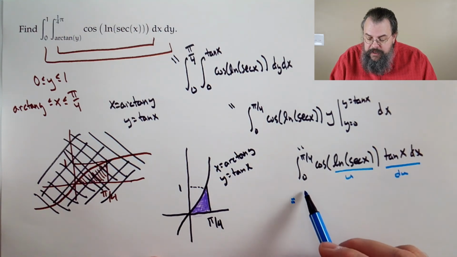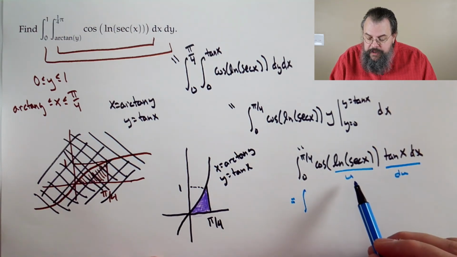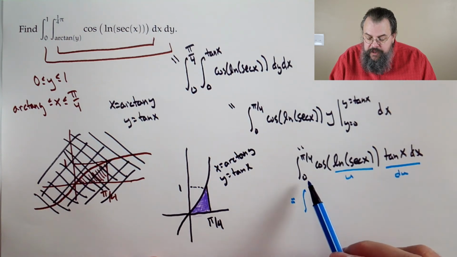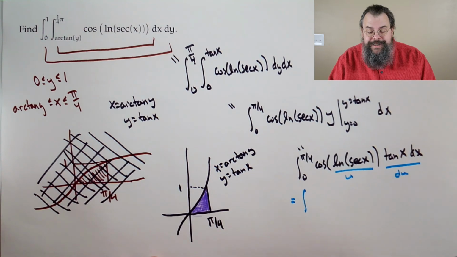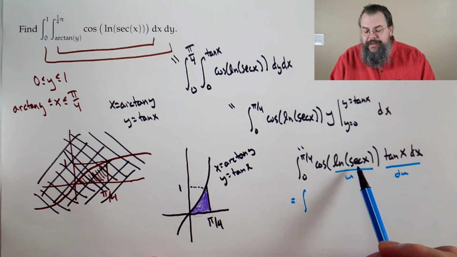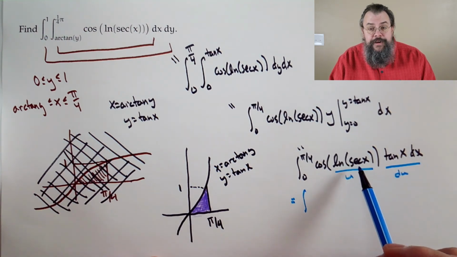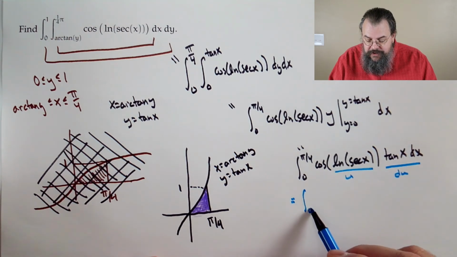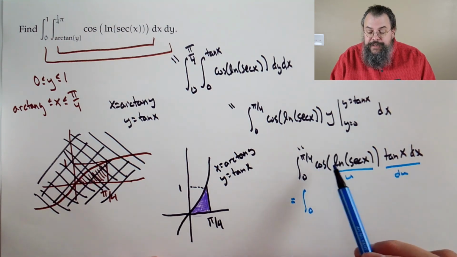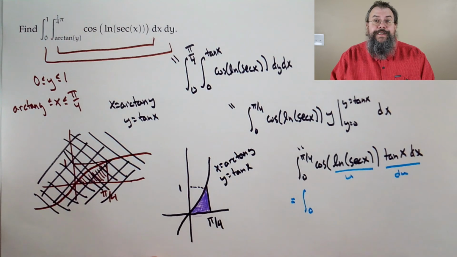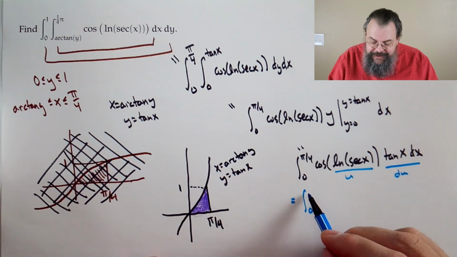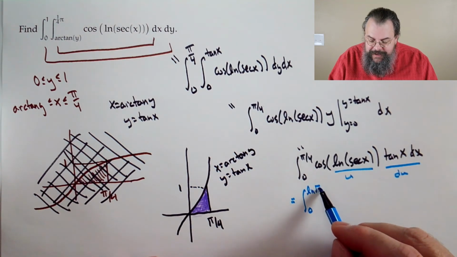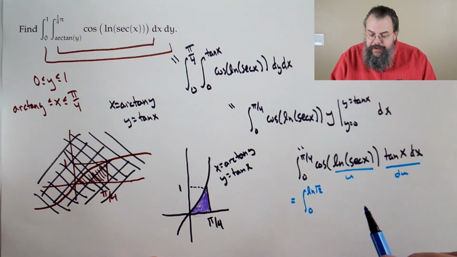We've got to update our bounds. Plug in 0. Secant of 0 is 1. Log of 1 is 0. So 0. That's nice. Secant of pi fourths is square root of 2. Log of square root of 2 is just log of square root of 2. We really can't do much for that. It is what it is, as they say.